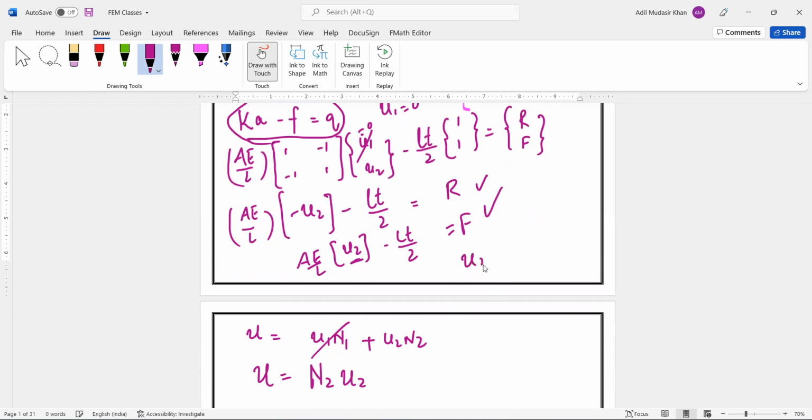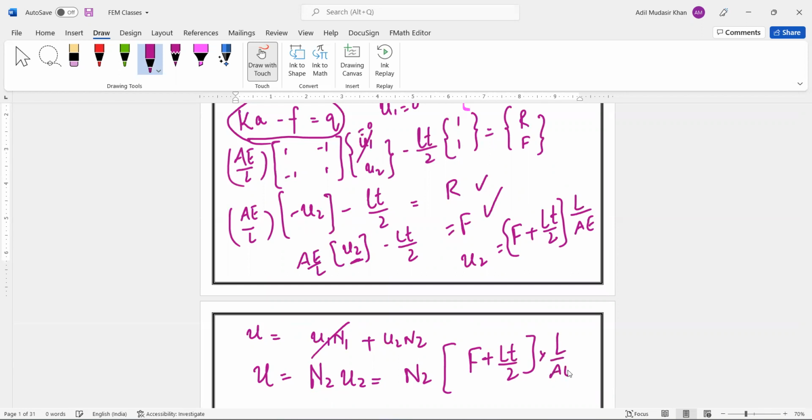U2 can be written as F plus LT by 2 into L by AE. So the total displacement is equal to N2 multiplied by F plus LT by 2 into L by AE. This is the value of the displacement.